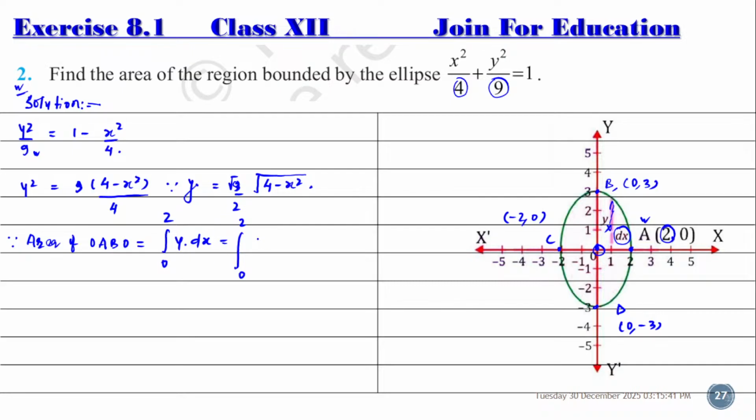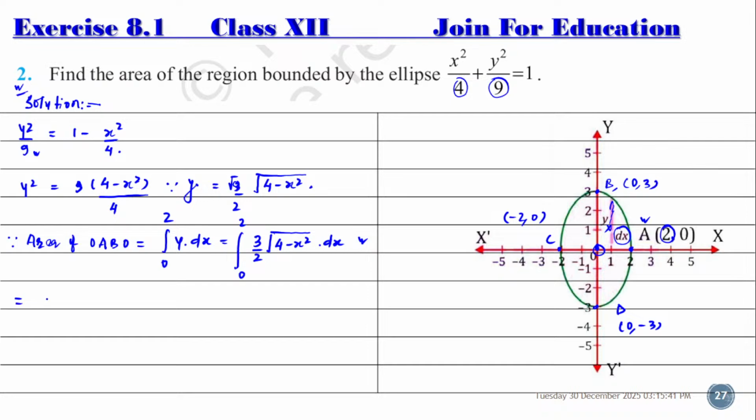So we write down here 3 by 2 into square root of 4 minus x square into dx.